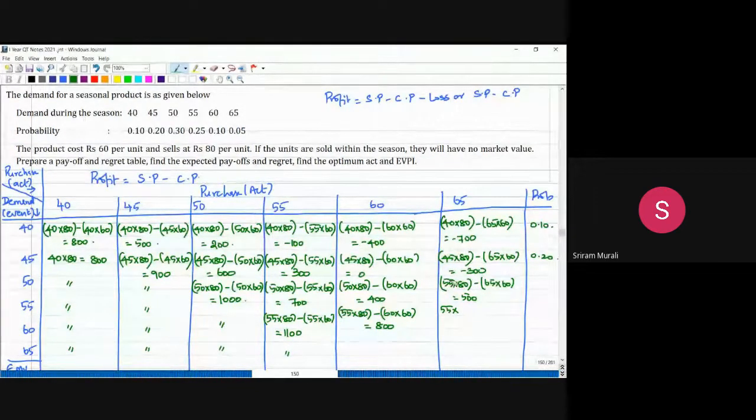This must be 50, na? This is 50 into 80, then it should be 100. I made a mistake. This one only 55. 55 into 80 minus 65 into 60. So I should get 500.